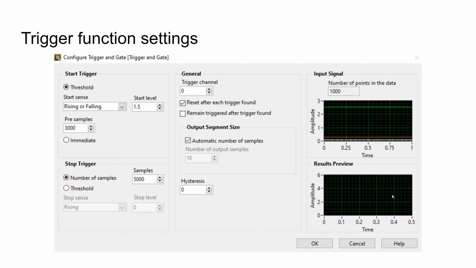So here's a picture of the trigger function settings.